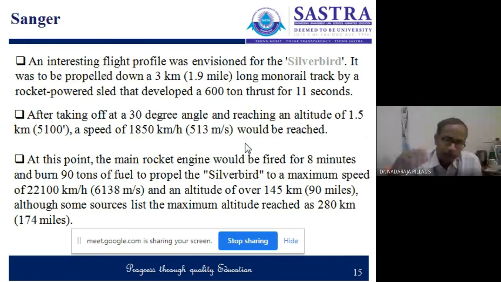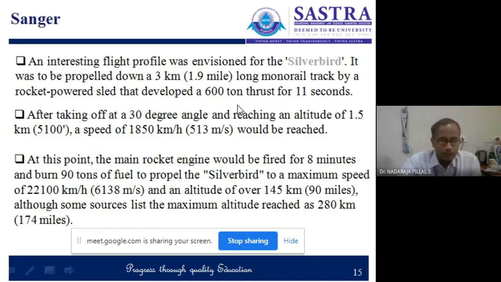After taking off at a 30-degree angle, it reaches an altitude of around 1.5 kilometers, and a speed of 513 meters per second will be reached. At this point, the main rocket engine would be fired for 8 minutes and burn 90 tons of fuel to propel the silver bird to a maximum speed of 6,138 meters per second.